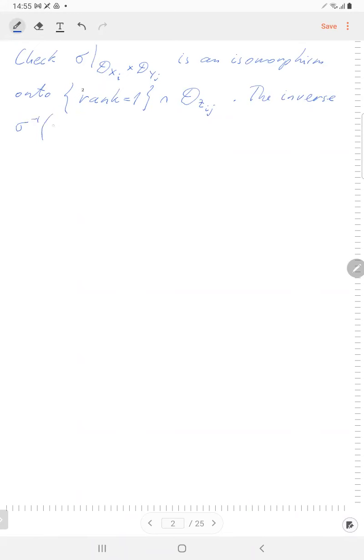Sigma inverse of z_11 and so on, where z_ij is 1, and so on, finally ending with z_ml, is equal just to the column z_pj times the row z_iq. Here p runs from 0 to n, and q runs from 0 to l. Okay, and there we are.